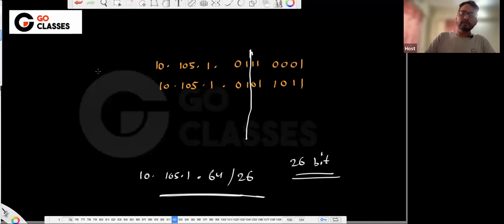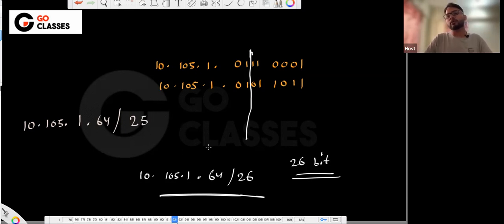Now tell me, does this network also contain both of the IP addresses? Okay, just tell me. Does this network also contain both of the IP addresses? Yes, right. At max you can have 26.